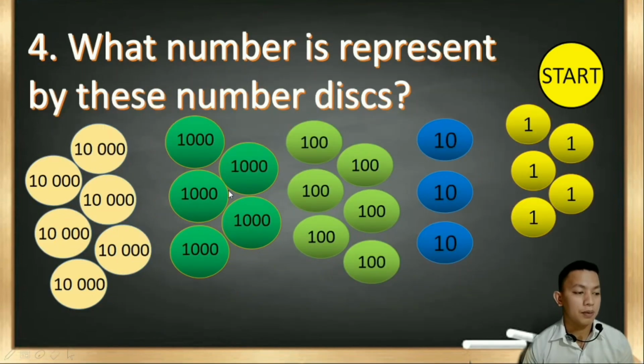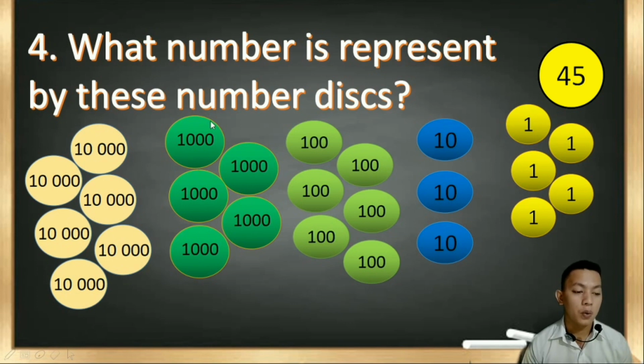Next, number 4. What number is represented by this number disk? You're going to write the number. Your timer starts now. So we have 1, 2, 3, 4, 5, 6. We have 6 disks for 10,000. Next, we have 1, 2, 3, 4, 5.